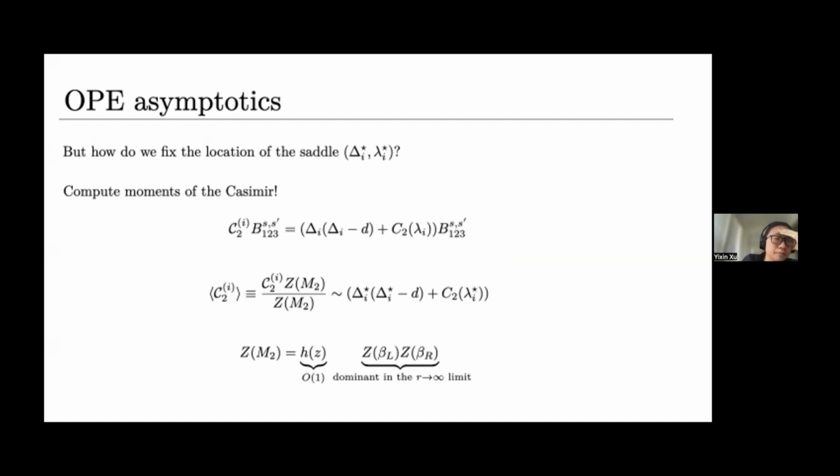So the expectation value of the Casimir, we define it as basically the action of the Casimir differential operator on the genus-2 partition function divided by the partition function itself, which is a very natural definition. Now, if we plug in the sunrise channel decomposition and then assume that this decomposition is dominated by the saddle point, then moments of the Casimir will just give you polynomials of delta I star.